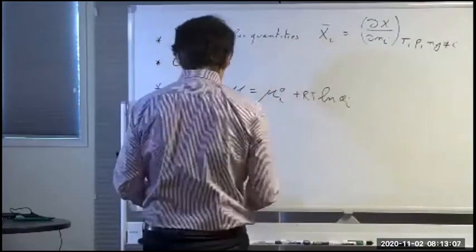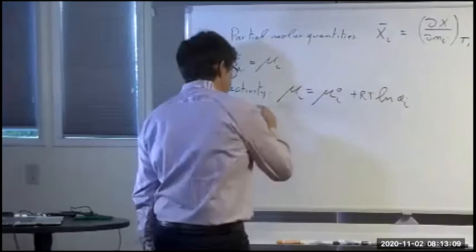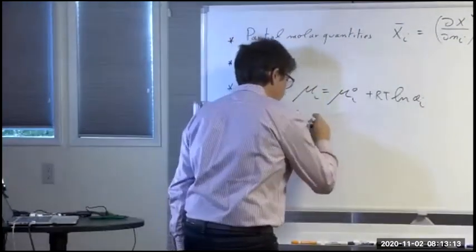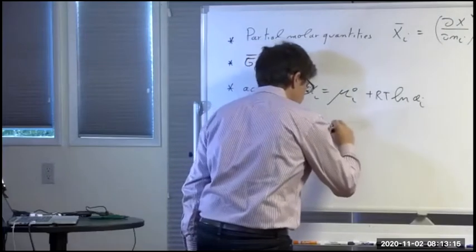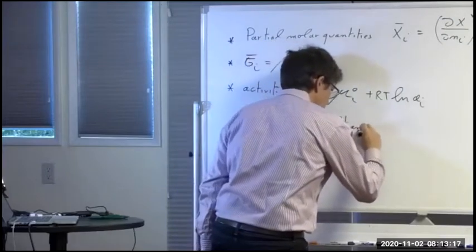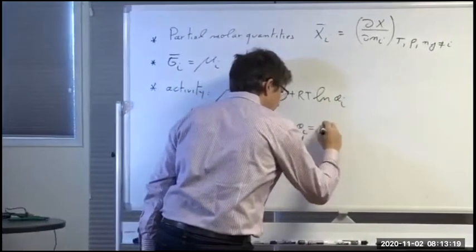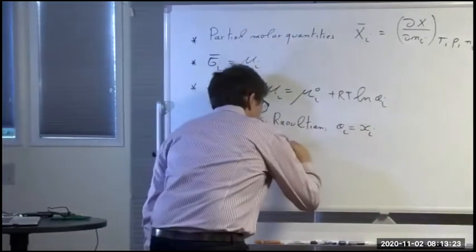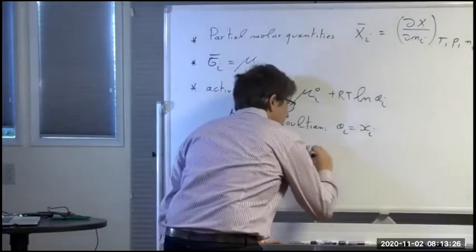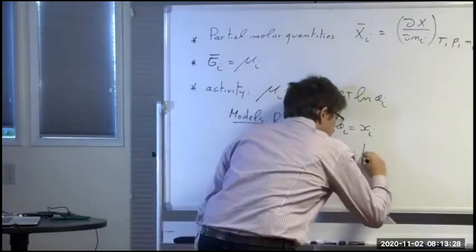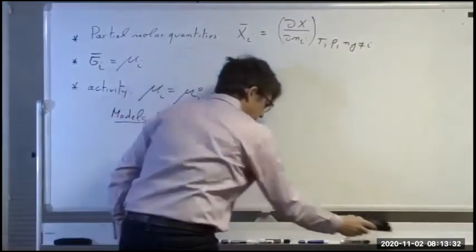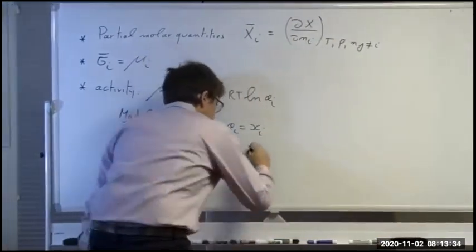We looked at a few very basic models for activity. Right, we defined Raoultian, where the activity is simply equal to the mole fraction. We defined Henry's, where the activity is some constant. I think I called it gamma the other day, but it's often called K as well.